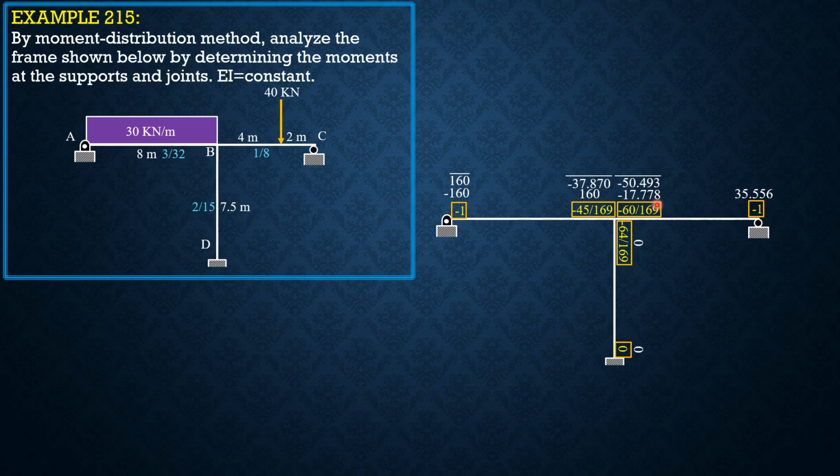Replace -60 by -64 in your calculator. So -53.859. Then 35.556 times -1 is -35.556. So here it's 0.